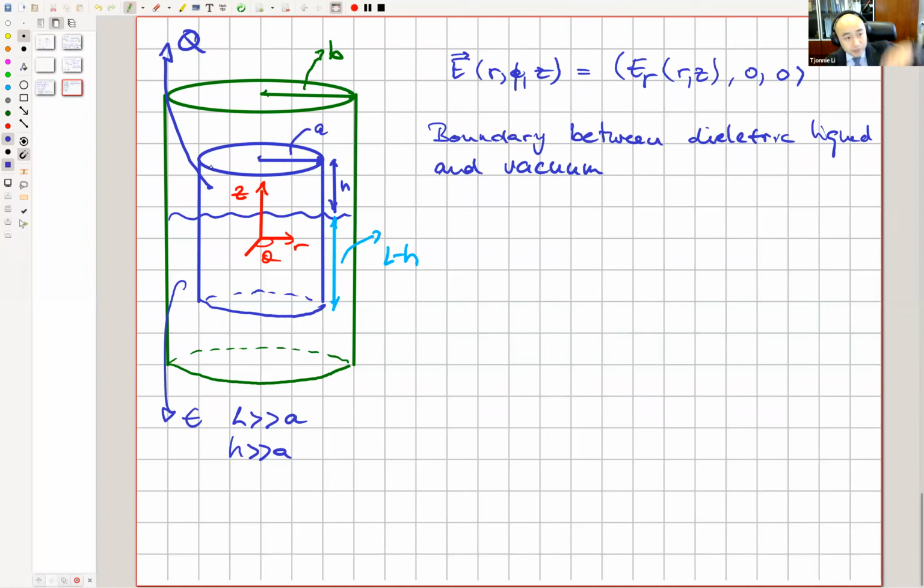The top part, we assume it's more or less vacuum. What happens there?